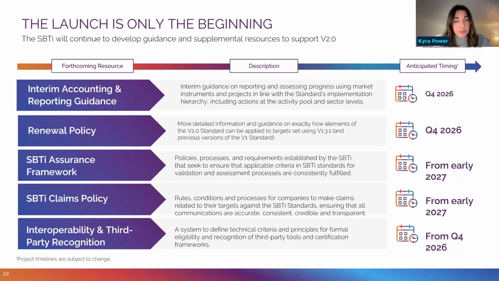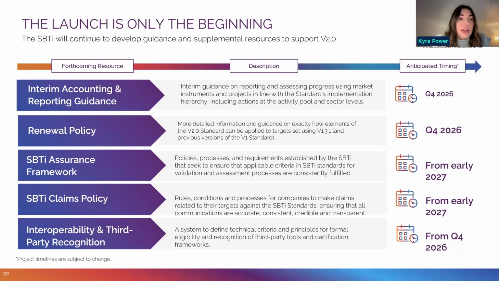But before that, you can see we have other resources planned for Q4 of this year and early 2027. As you can see, we have an asterisk beside that anticipated timing, knowing that projects and timelines are always subject to change when working in a multi-stakeholder environment and working on such tremendous standards.